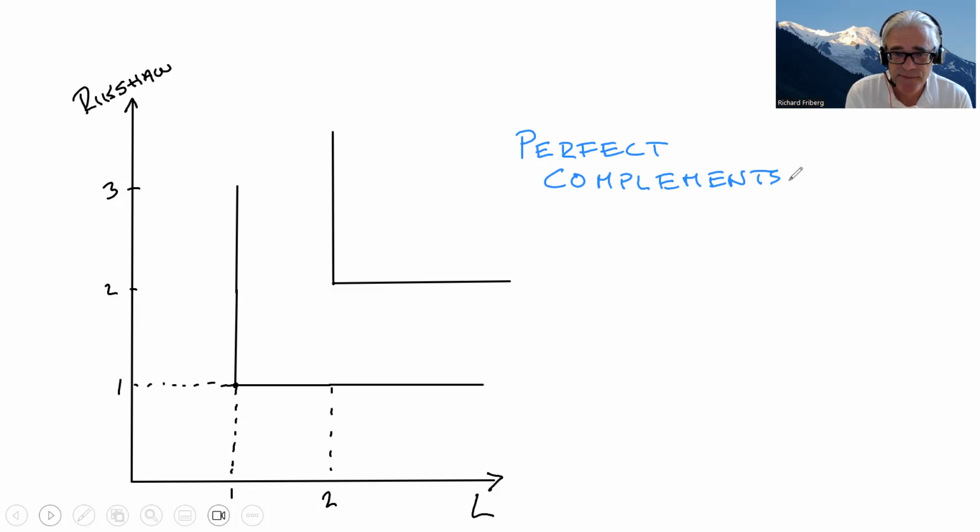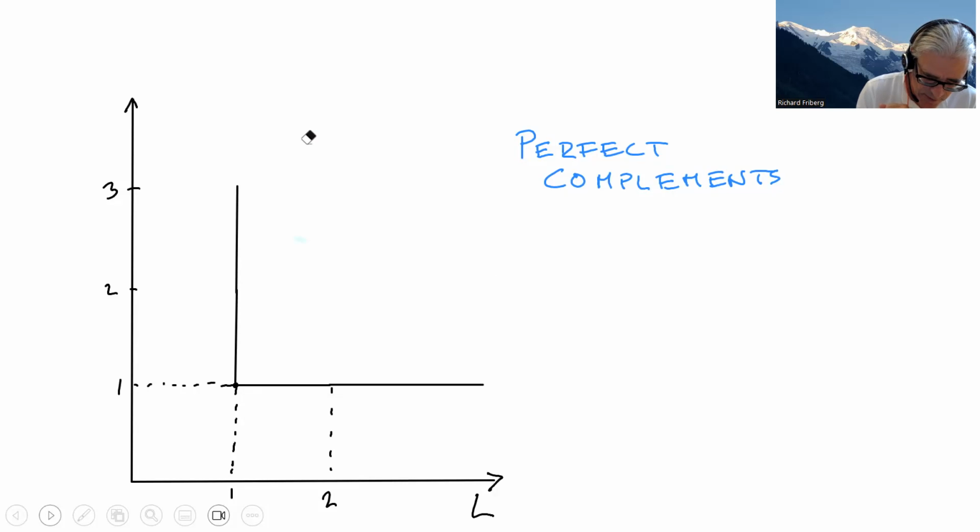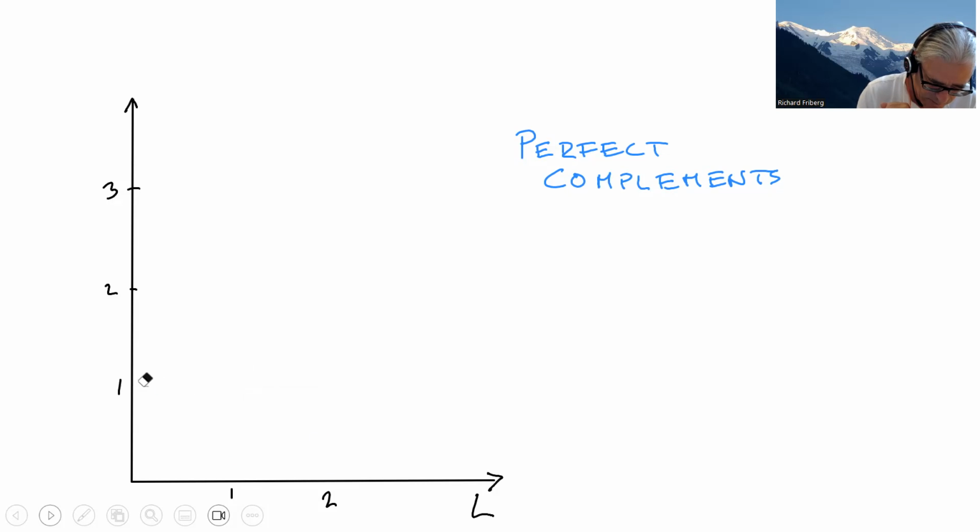So these are the extremes: perfect substitutes, perfect complements. The typical case, however, in economics would be where you can to some extent substitute, but it becomes harder and harder to substitute the less you're using of an input. So think of a bakery, and get back to capital and labor.